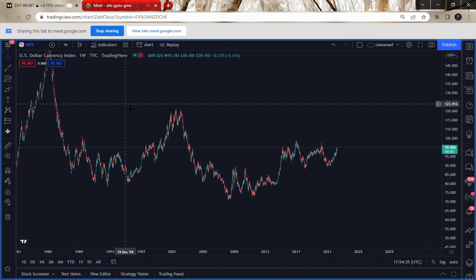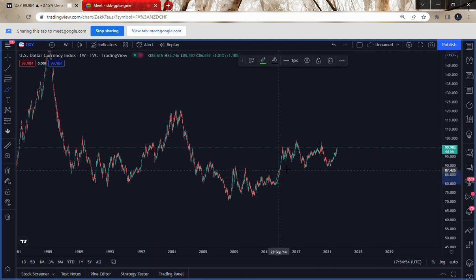So I'm gonna do the multi-time frame analysis again on DXY, right? So we have DXY on the weekly, and what can you see? We are coming from an impulse, and now we have a correction, right?